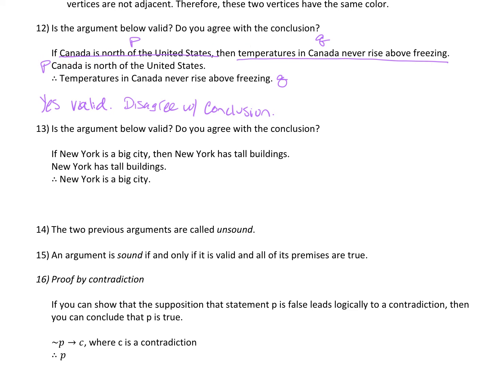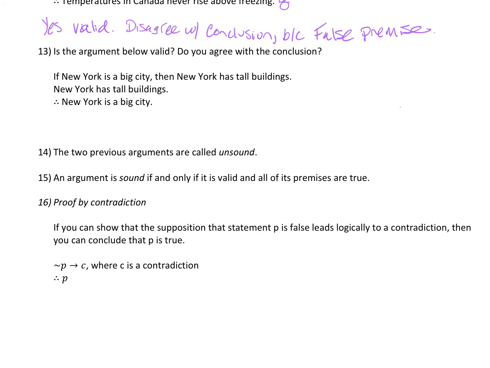It's not true that if Canada is north of the United States, then temperatures in Canada never rise above freezing. So we have a false premise. Okay, that makes the argument unsound. It's valid reasoning, but an unsound argument because it has a false premise.